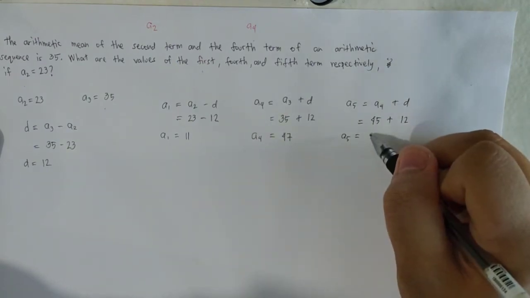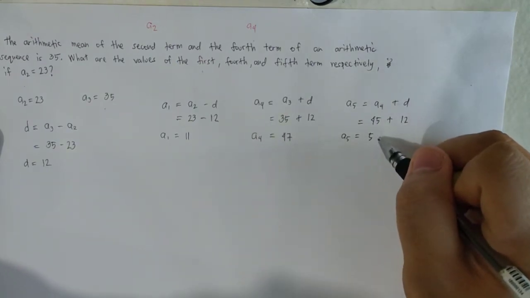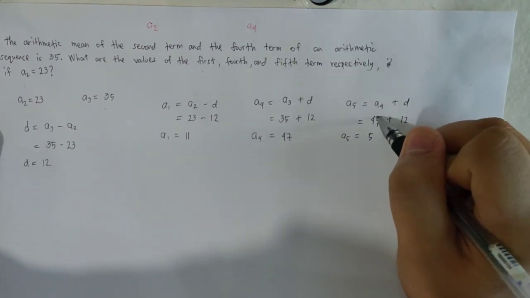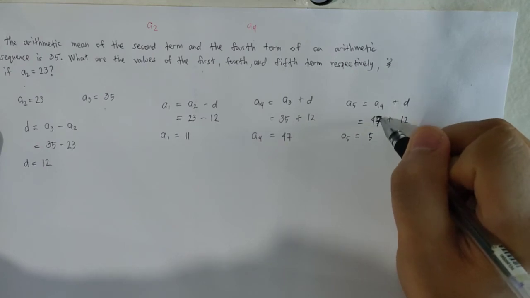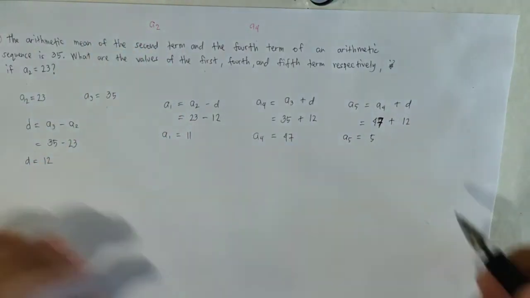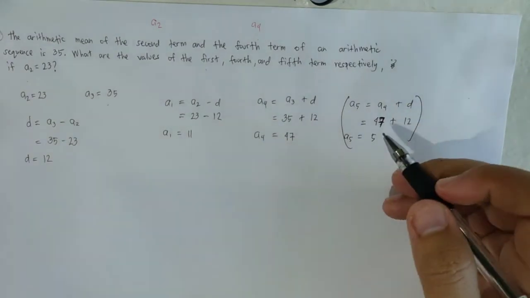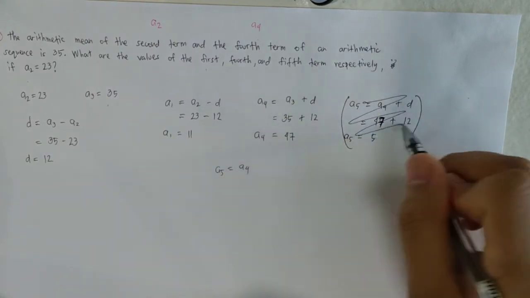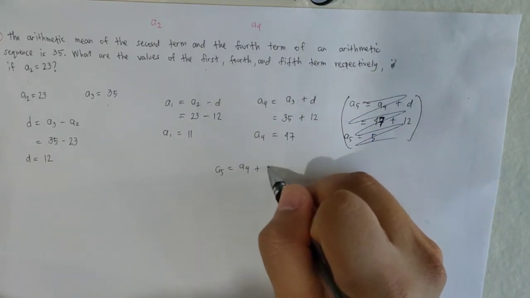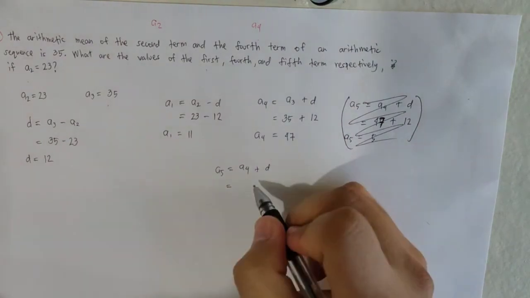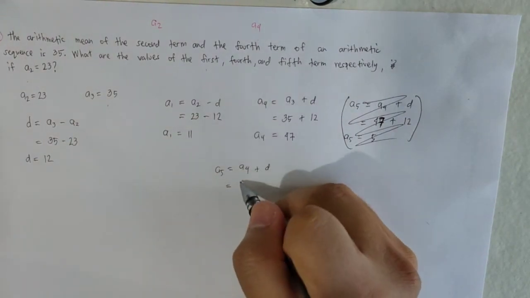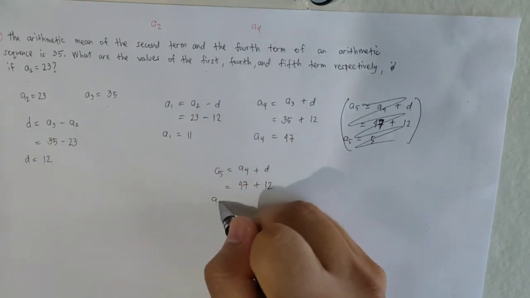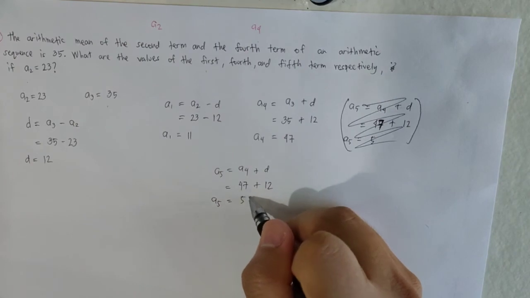Sorry, ulitin natin. A sub 5 is equal to a sub 4 plus D. So, a sub 4 ay equals 47. Plus D natin ay 12. Okay, so a sub 5 is equal to 59.